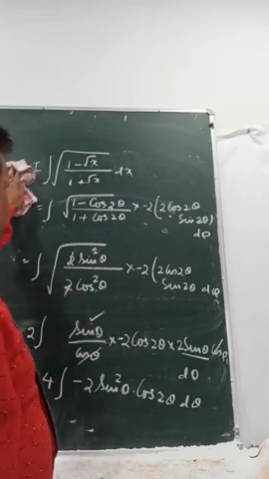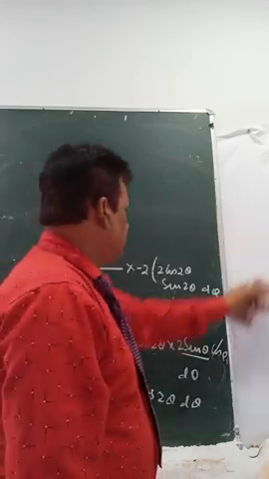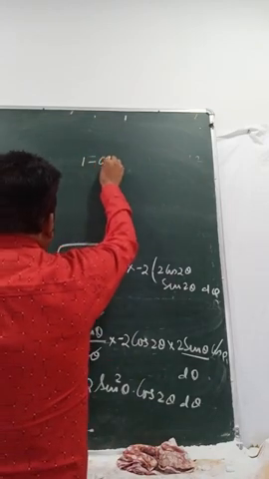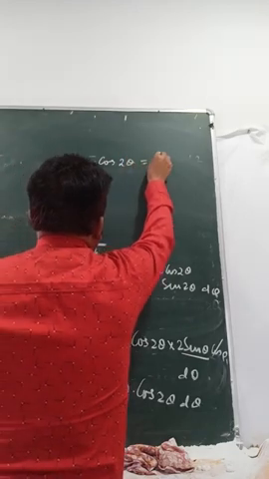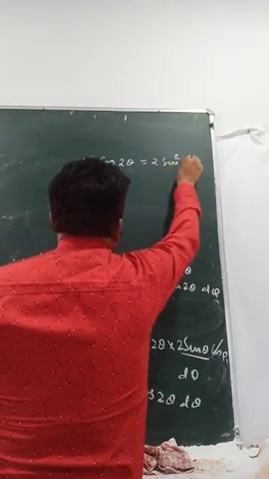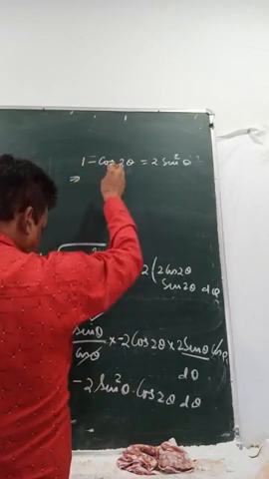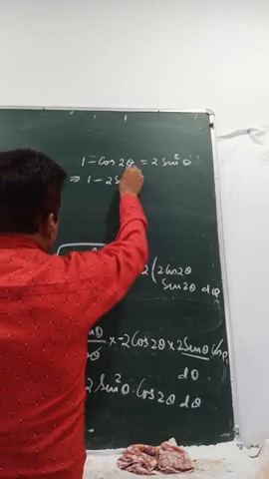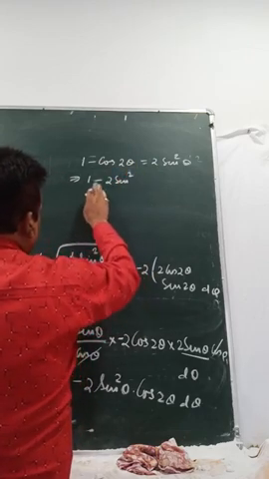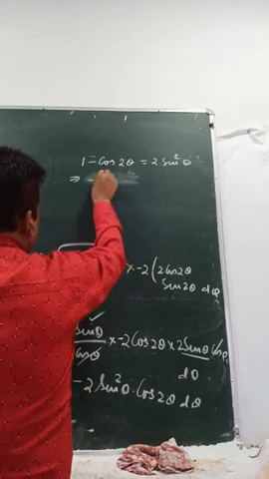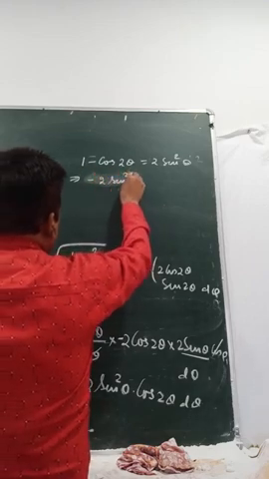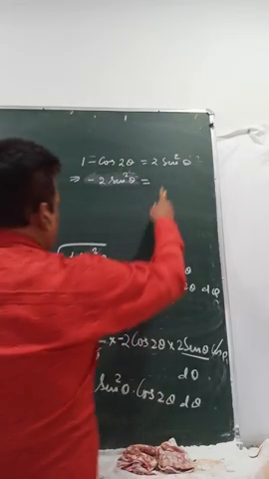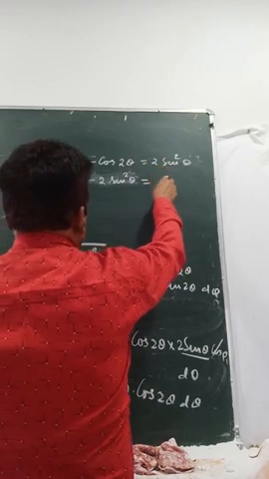So I think I have given you a formula. I have given you 1 minus cos 2 theta is 2 sin square theta. So if I bring this one here, 1 minus 2 sin square theta, or minus 2 sin square theta, if I bring this one here, that will go there.